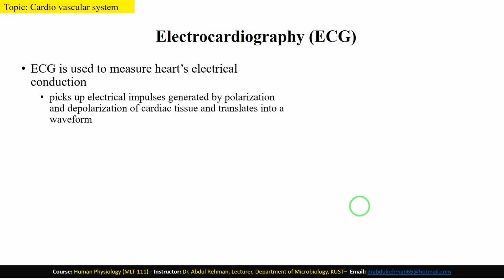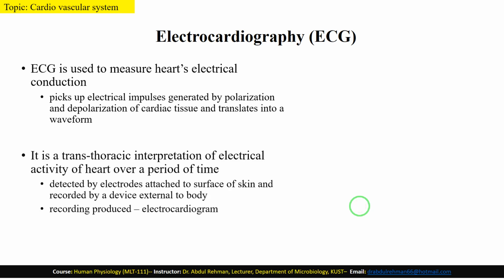These waves cause the heart muscle to squeeze and pump blood to the circulatory system. A normal heartbeat on ECG will show the timing of the top and lower chambers of the heart. In other words, it is a transthoracic interpretation of the electrical activity of the heart over a period of time.